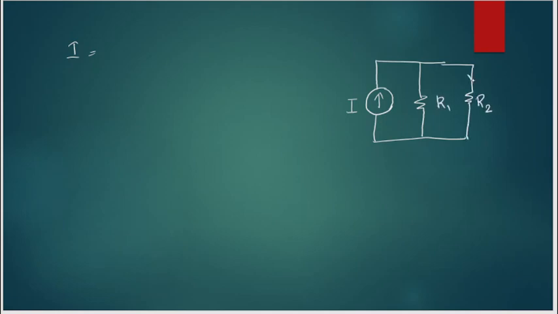Okay, and we have to find this current I. So to find I, that is the total current I into the other resistor, that is R1, divided by R1 plus R2, which is the total resistance. This is the current division rule.